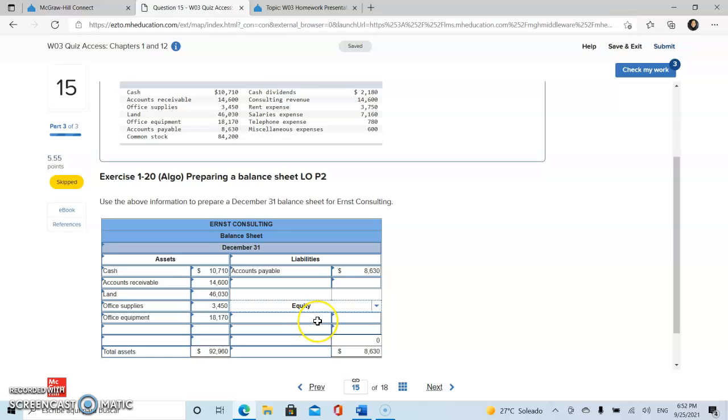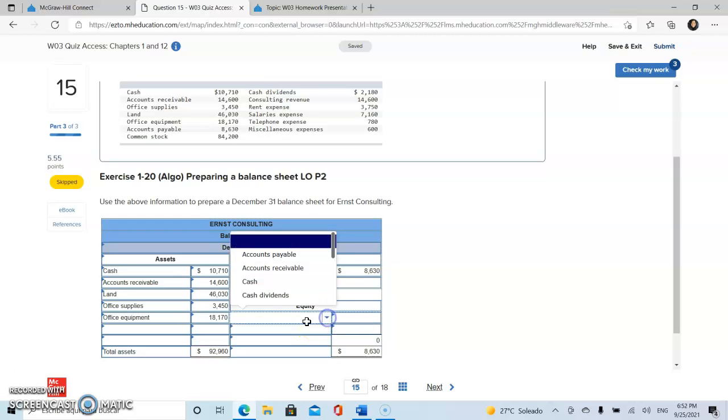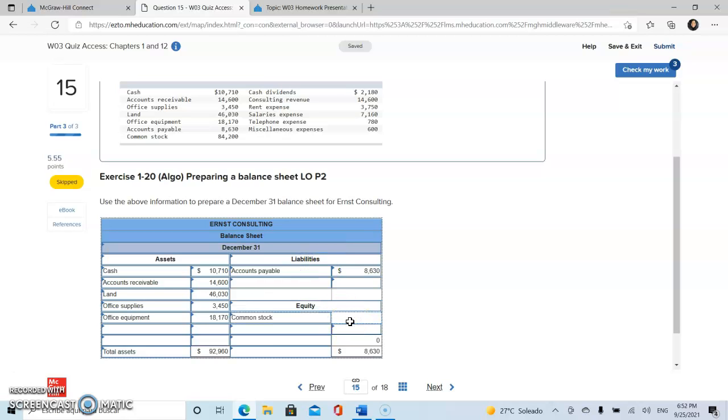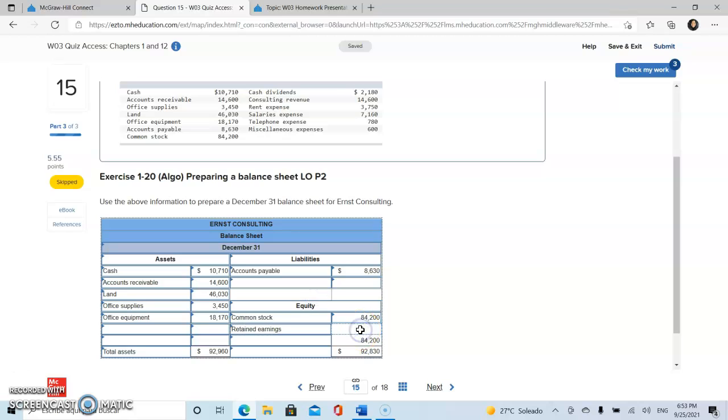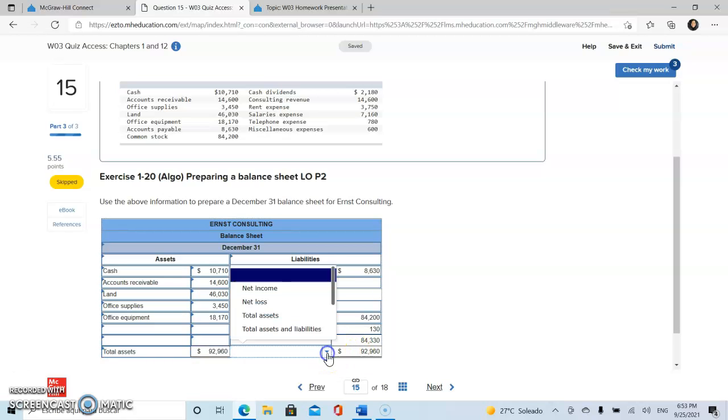In this case, we have common stock, and the retained earnings from our previous statement. And this is going to be our total liabilities and equity.